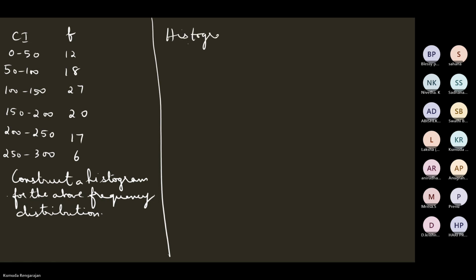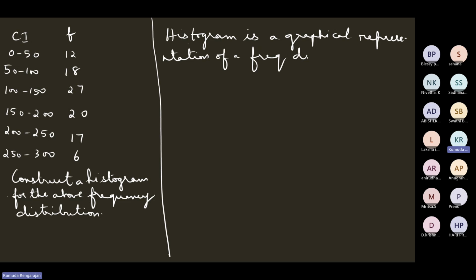Histogram is a graphical representation of a frequency distribution with continuous class intervals.